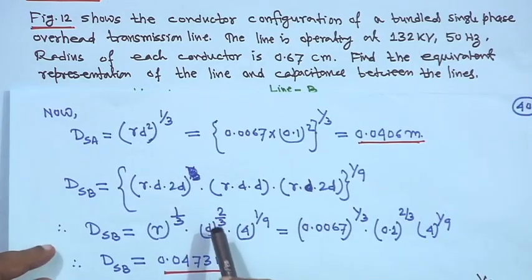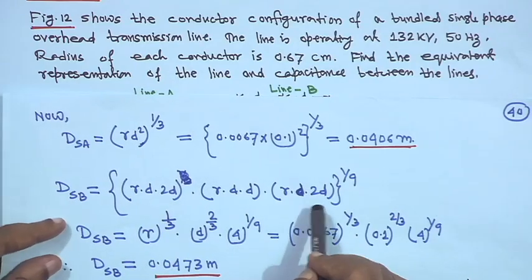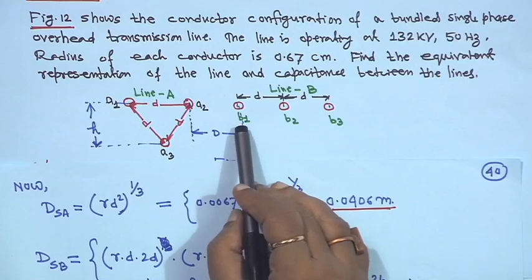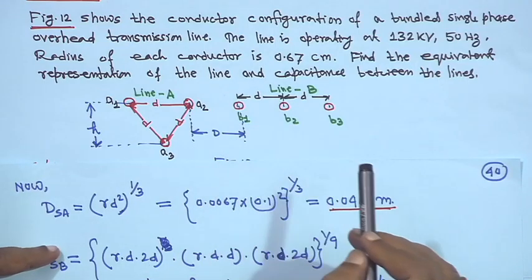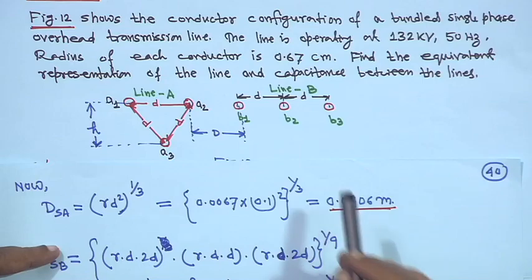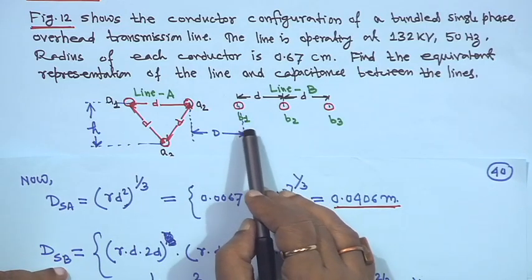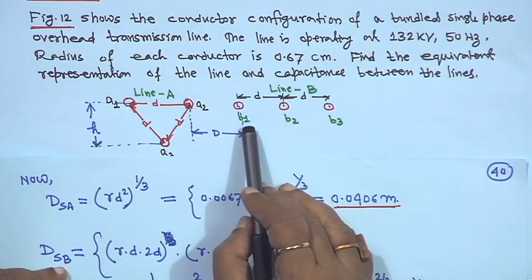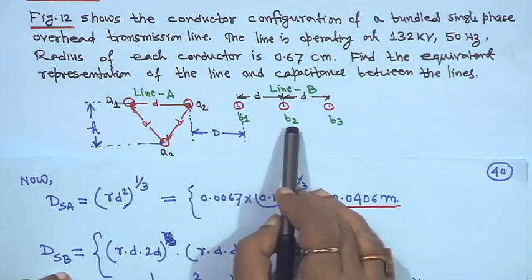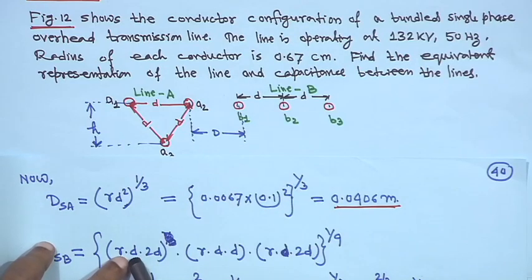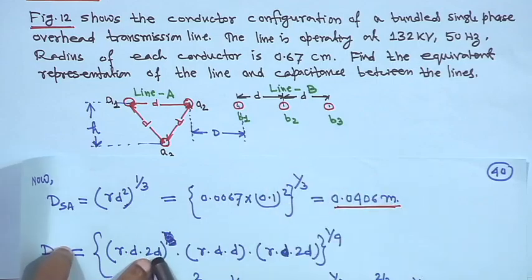So, that is why directly you can write R into D into 2D when you consider your B1 B2, right. Similarly, this is your DSB. So, if you consider DB1, that is B1 rather, it will be R, then B1 to B2 is D and B1 to B3 will be 2D, right.